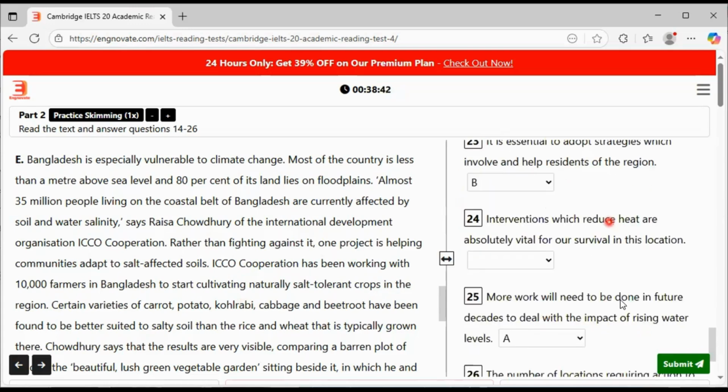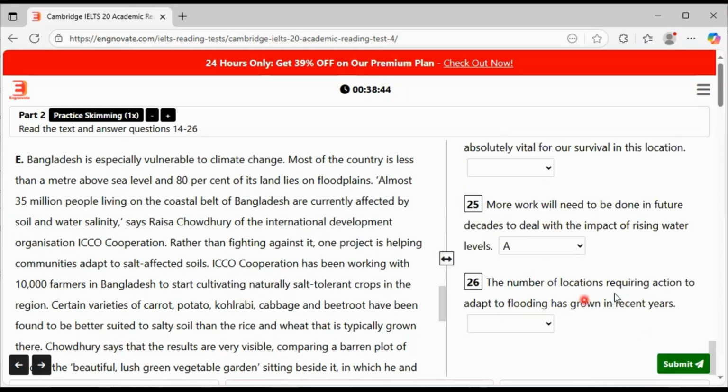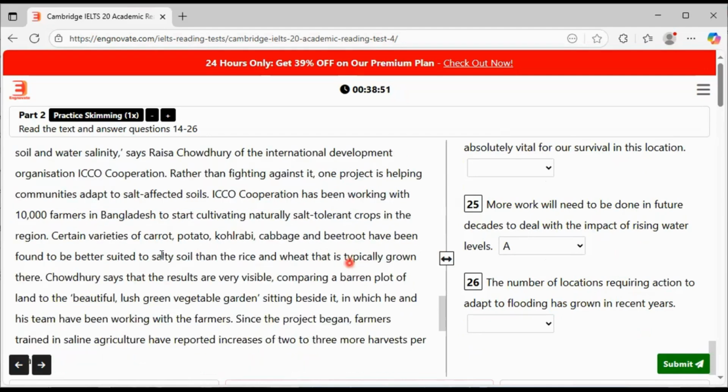Interventions to reduce it, no. Number of locations requiring actions to adapt to flooding. No. Okay, so the crops mentioned here, cabbage, beetroot, have been found to be better suited to salty soil than rice.